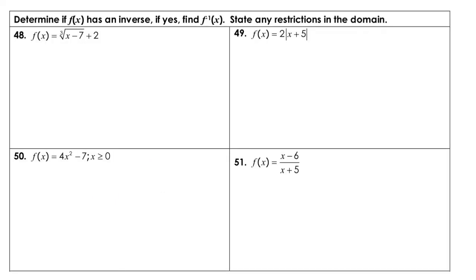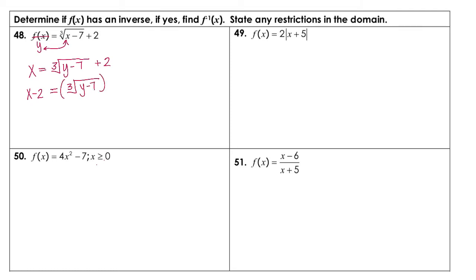Okay, so for these problems, we're finding the inverse. And remember, this really meant y. And our first step, we need to swap x and y. And so we're going to have the cube root of y minus 7 and then plus 2. We're going to subtract the 2 over, and so we have now the cube root of y minus 7.